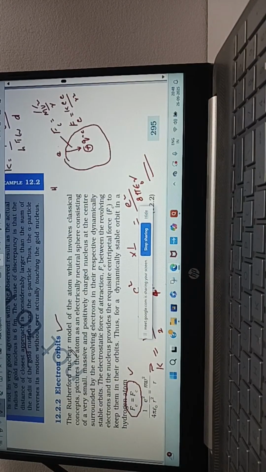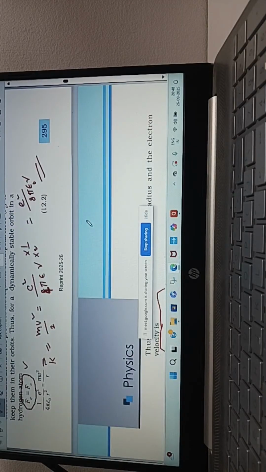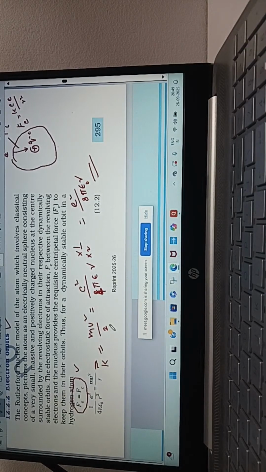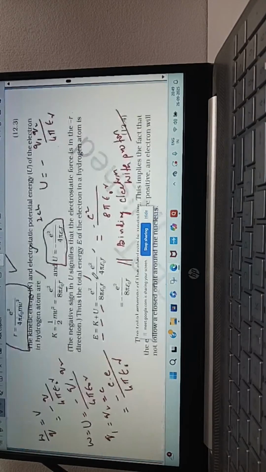According to Rutherford atomic model, describe. Sir, try the question, sir. You have to write an answer also. All these steps you have to write. It is not for me, my dear. It is for you. Okay.